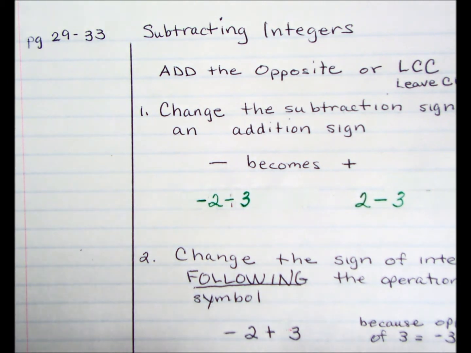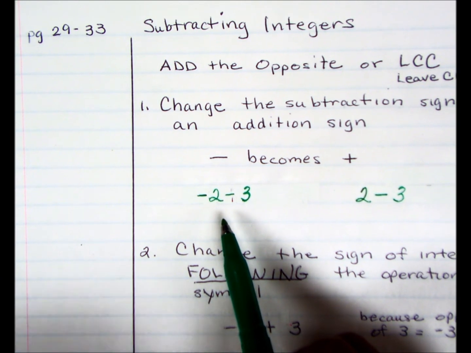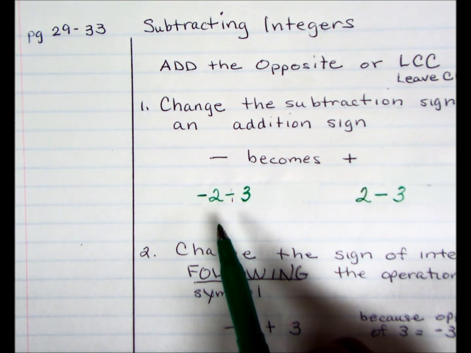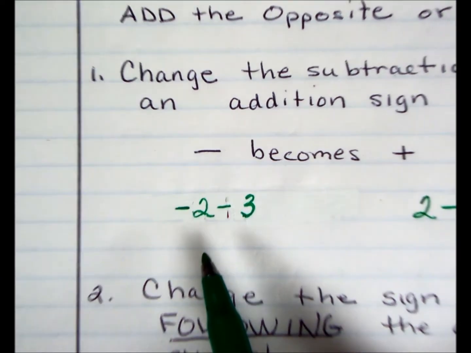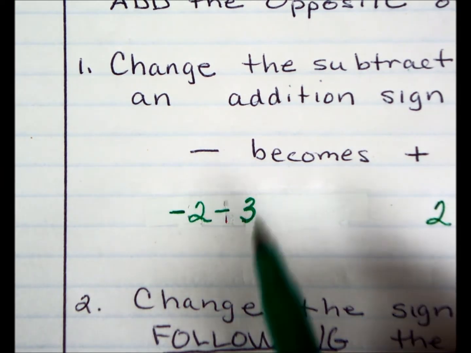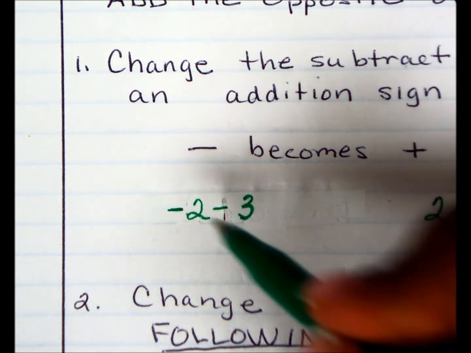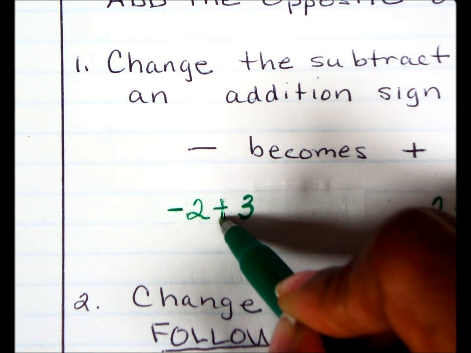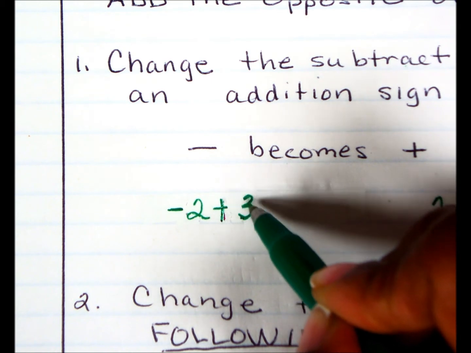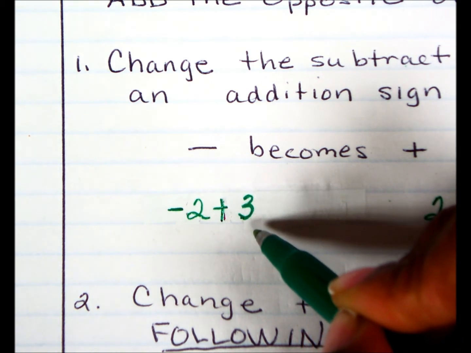When you come across a subtraction problem like negative 2 minus 3, you have to do two things. The first, it says add the opposite, and what that means is we change the subtraction sign to an addition sign, and we make the integer following the operation symbol its opposite.